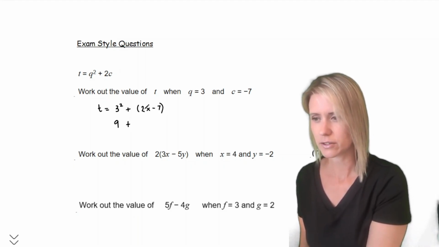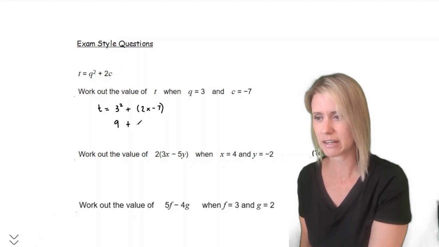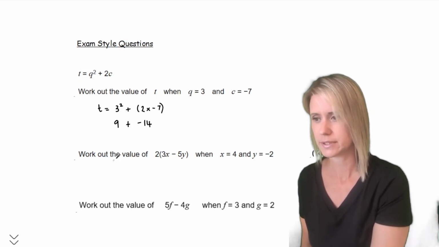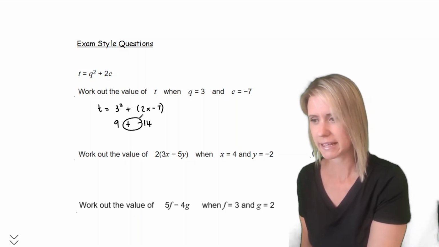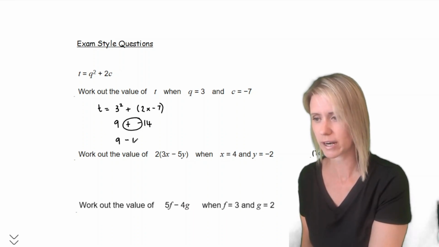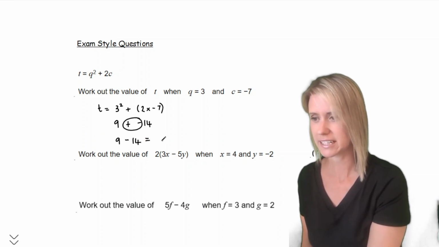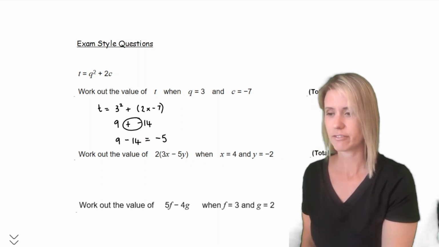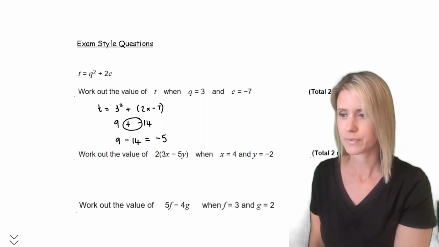And 2 times -7 is -14. The positive and the negative make 9 subtract 14, which gives us -5 for your 2 marks there.